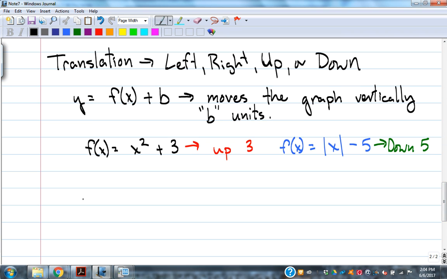Okay. So y equals f of x plus b on the inside.